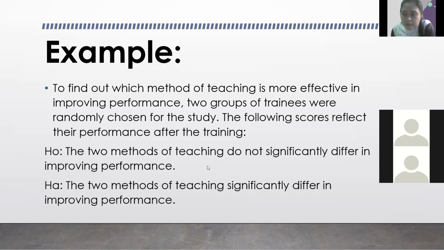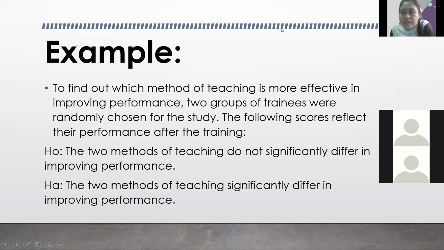Please identify whether this is two-tailed or one-tailed. And then the alternative hypothesis: the 2 methods of teaching significantly differ in improving the performance. Does this have a direction or no direction?